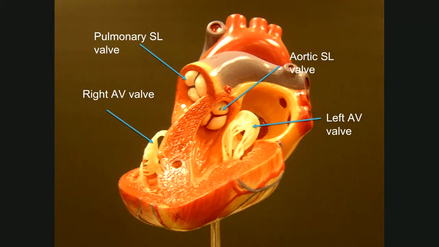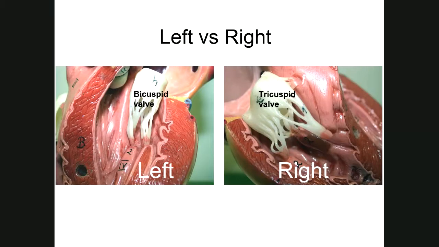Well, let's look at them a little bit closer. Let's look at those 2 AV valves first. Remember that AV means atrioventricular. They don't look exactly the same. Now, in this model, it's really hard to tell them apart. But one of those valves, if you look at it from the top, looks like this.